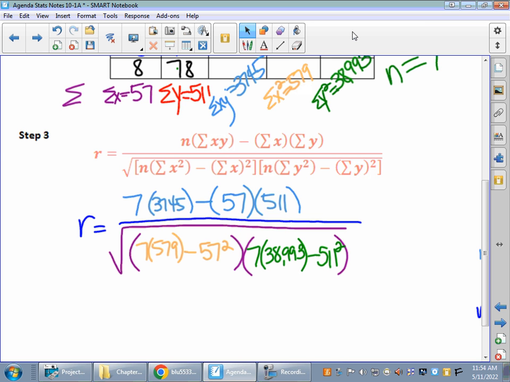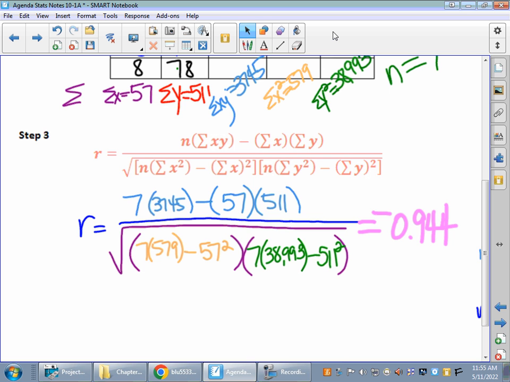This is where the calculator work might get a little bit messy, so use that fraction button to your advantage. Do what you've got to do there to figure out how to make that work. When you do the math, you should end up with a linear correlation coefficient of negative 0.944, remember, 3 decimal places.